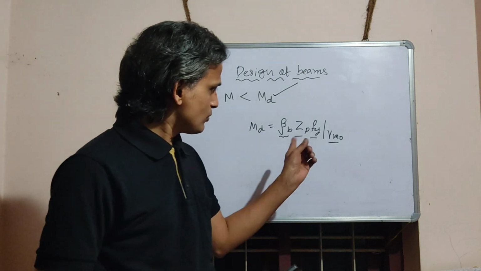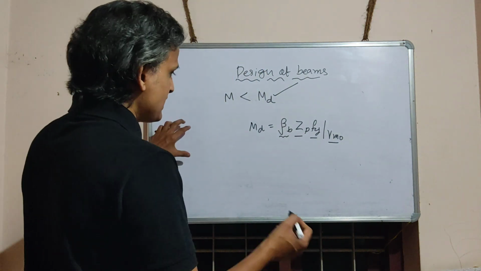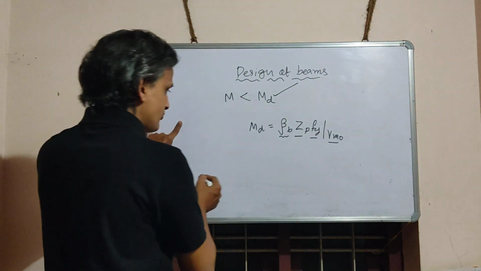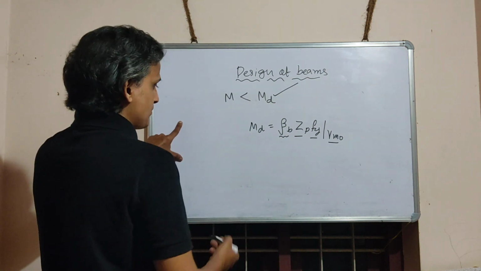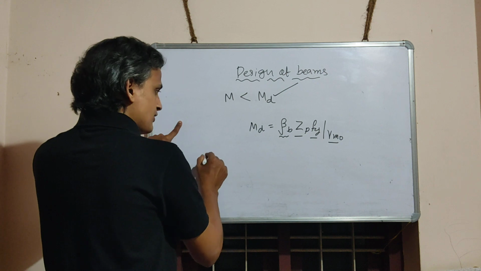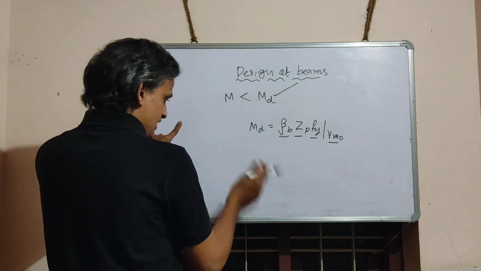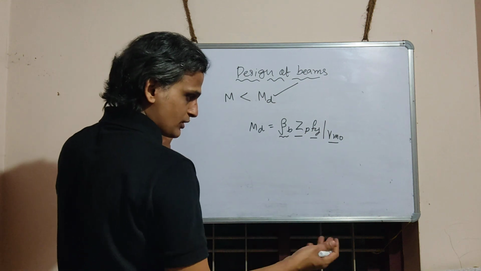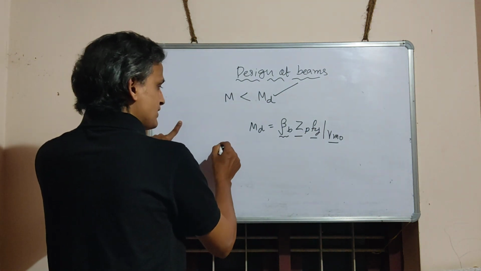Now, if you look at this formula, remember the basic idea of the design of a flexural member, in any case, whether it is steel, concrete or timber, whatever it may be: it is based upon simple bending theory.